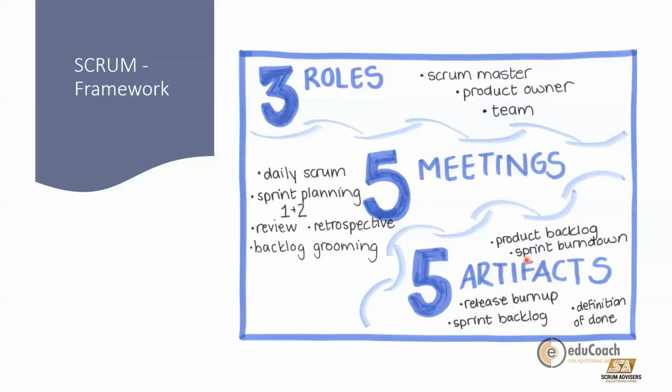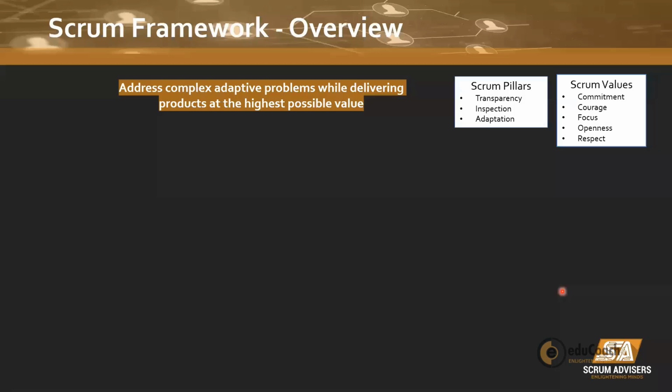Then to monitor, we have the sprint burn down charts and the release burn up charts. Let's look at the framework in its entirety. As we discussed earlier, the Scrum framework addresses complex adaptive problems while delivering products at the highest possible value.